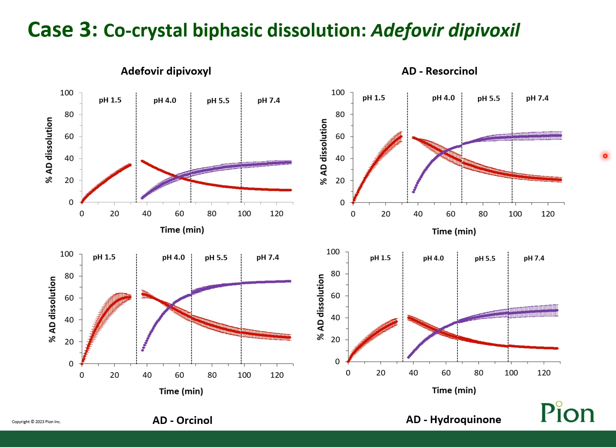We can observe that adefovir permeates to the organic layer faster with the co-crystals resorcinol and orcinol than hydroquinone. Then resorcinol and orcinol co-crystals are better candidates as they facilitate adefovir permeation through the biological membranes.